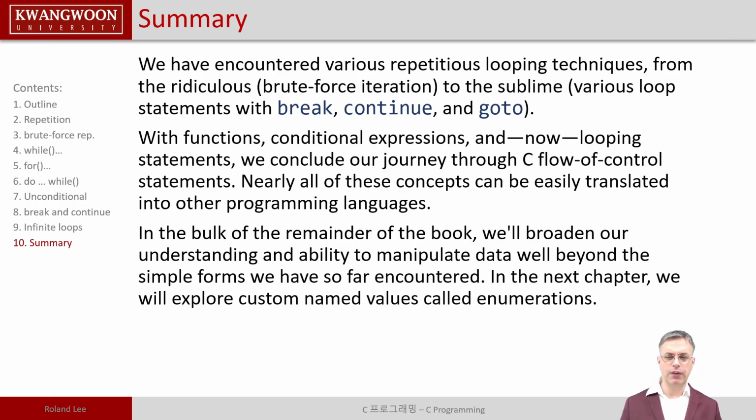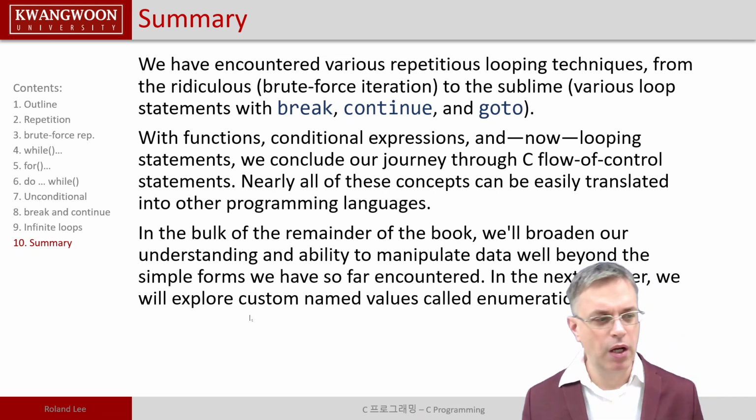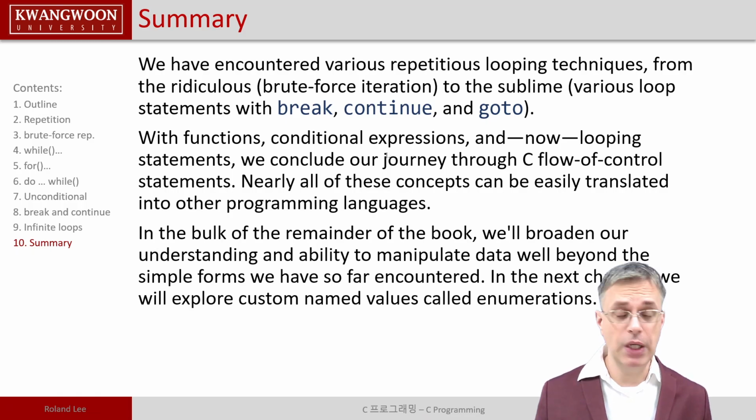In the bulk of the remainder of the book, we will broaden our understanding and ability to manipulate data well beyond the simple forms we have so far encountered. In the next chapter, we will move on and explore custom named values like enumerations.